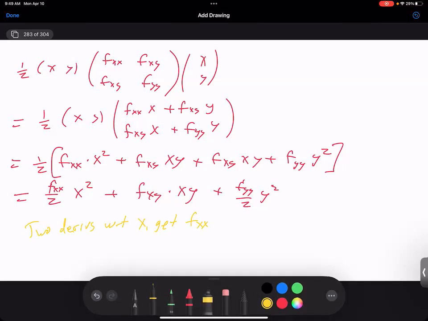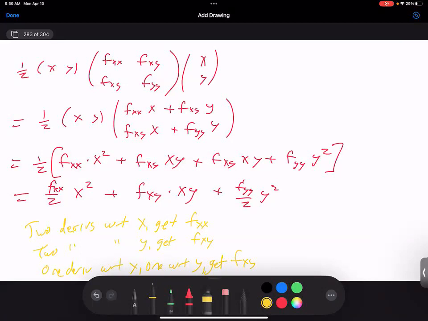If I take 2 derivatives with respect to y, we get fyy. 1 derivative with respect to x, 1 with respect to y, we should be getting fxy, and we do. So it turns out this expression over here looks a lot like what our function should look like.